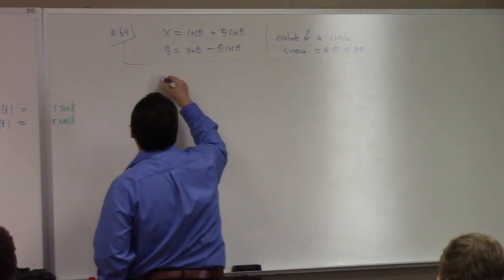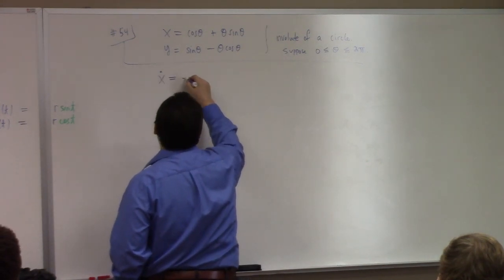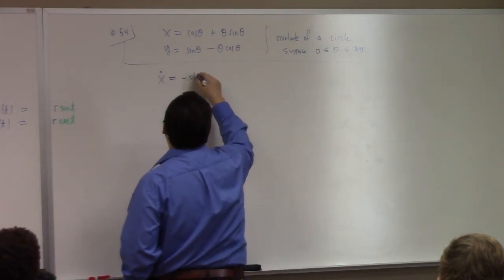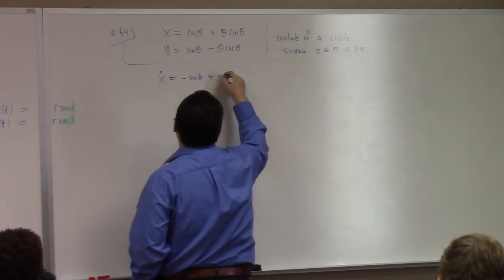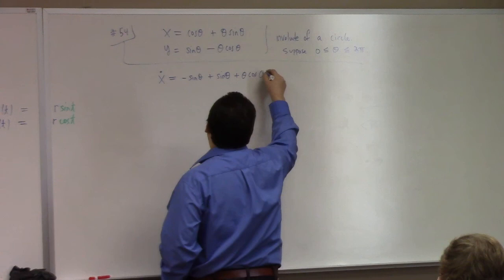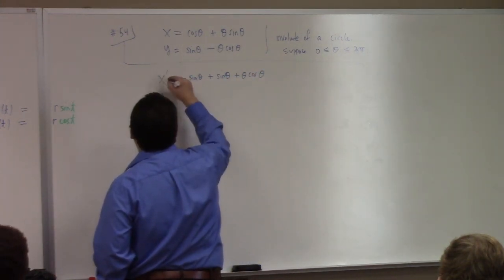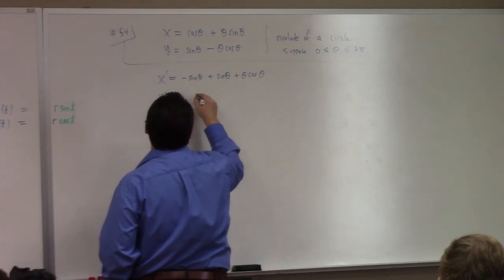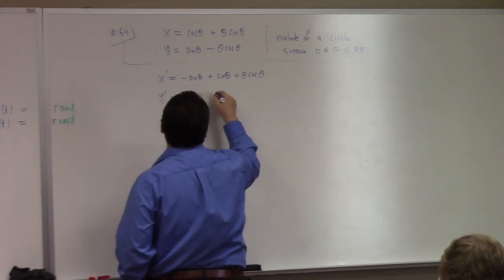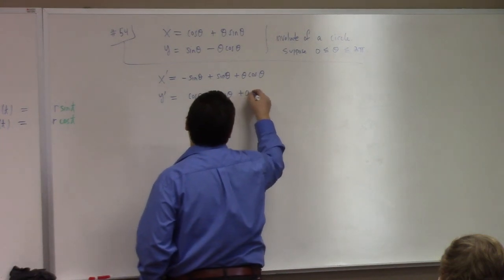So x prime equals... minus sine theta... I'll use primes here. Why not? y prime is cosine theta minus cosine theta plus theta sine theta.